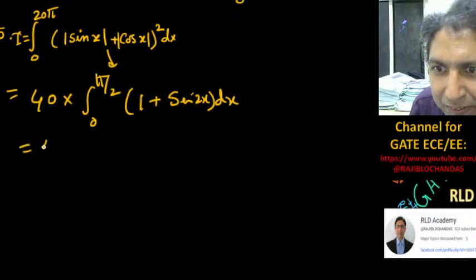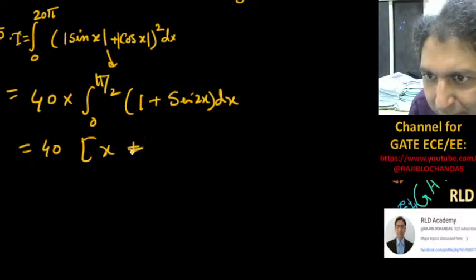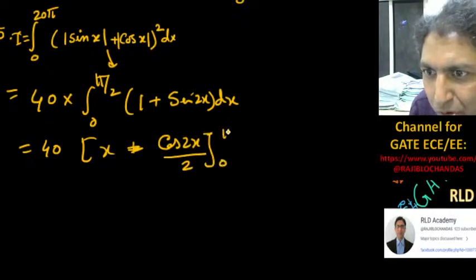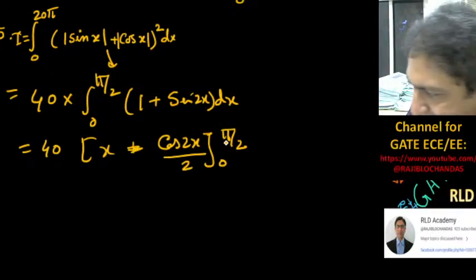So now you can integrate easily: 40, and this is your x, the integration of sin 2x is minus cos 2x by 2, and it is 0 to pi by 2. So can you tell me the answer?